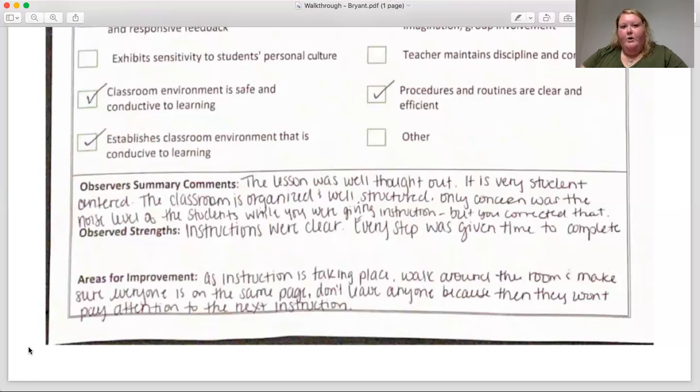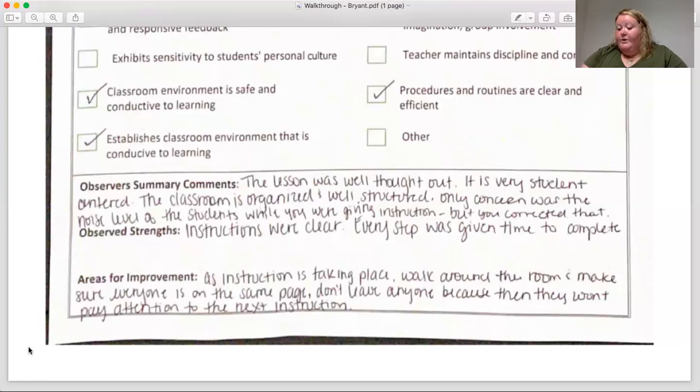So a little bit more of, okay, this is what we're going to do today, this is how it's going to be done, this is the product that we should be able to produce. That way the kids have an understanding of what it's going to be. So then at the end, it makes it easier for them to understand and draw a conclusion from it. And so just making sure that they get every piece of what is going to be done and why it's going to be done. So giving them that why feature.